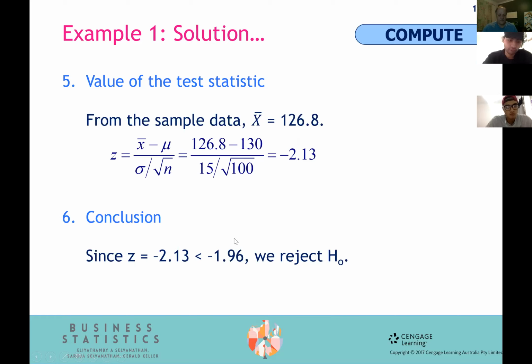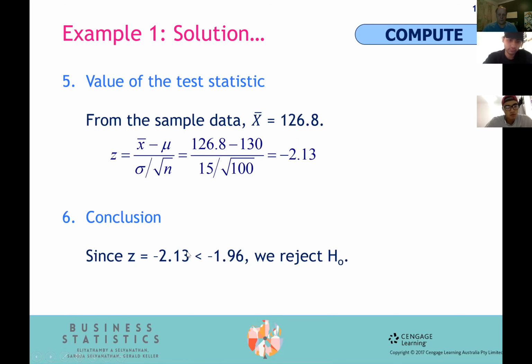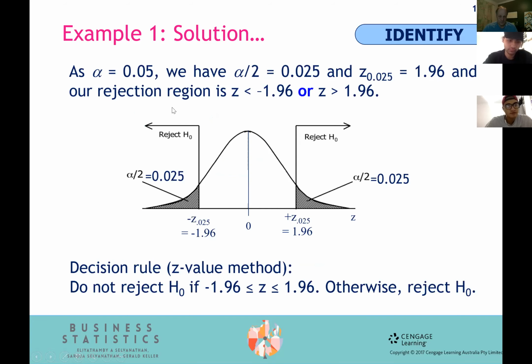Okay, sorry, it sits here. If you look here, minus 2.13. If you do this calculation, minus 2.13 sits here. So yes, we want to reject it. This differs too far from that 130.